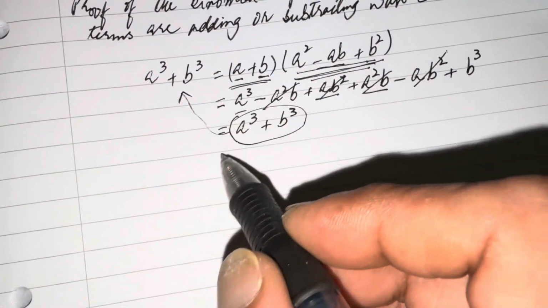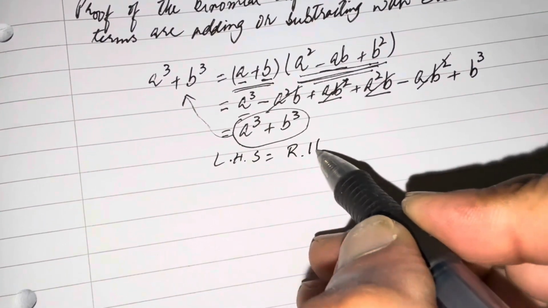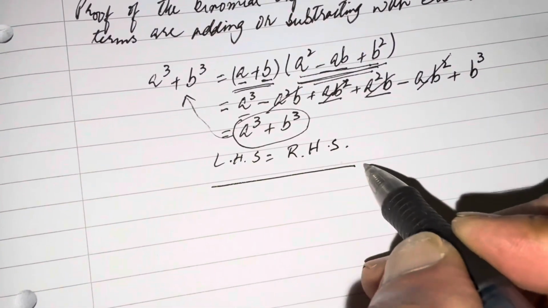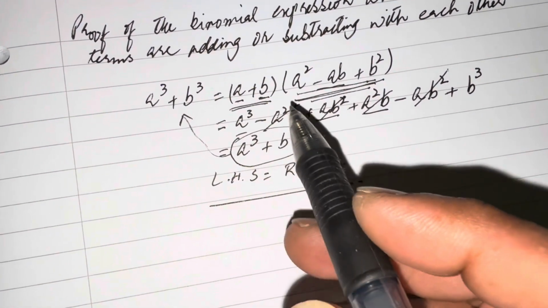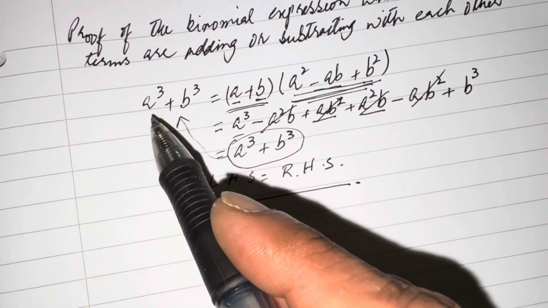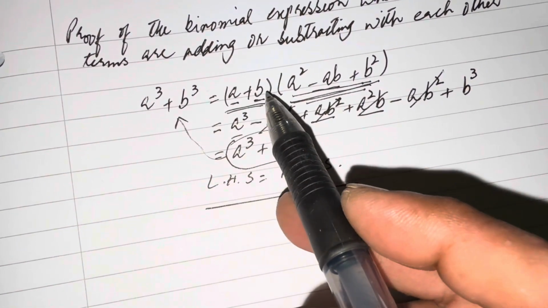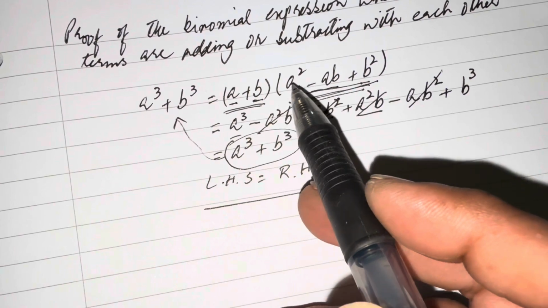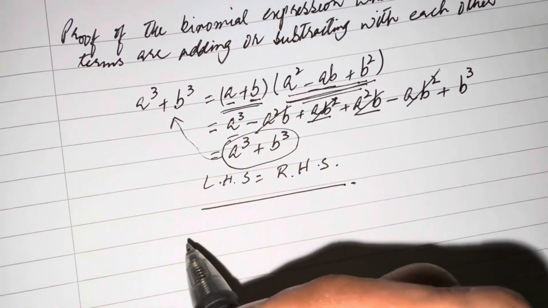So you can say that the left hand side is equal to the right hand side. So that's the very short way to explain how we can write a cube plus b cube is equal to a plus b into a square minus ab plus b square.